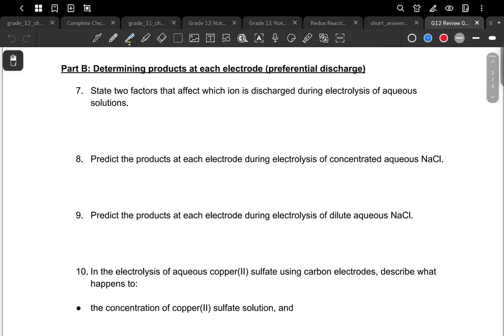State 2 factors that affect which ion is discharged during electrolysis of aqueous solution. The 2 factors here are talking about the anode and the cathode. So let's start at the cathode.